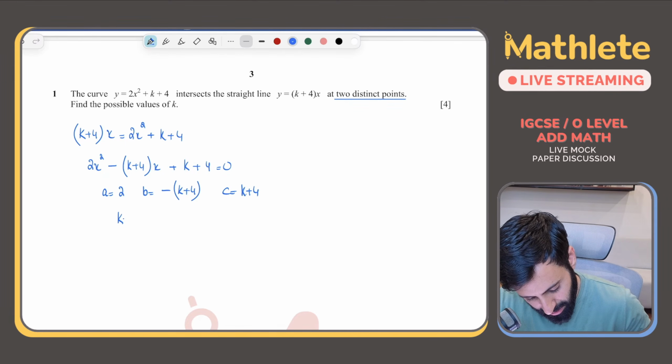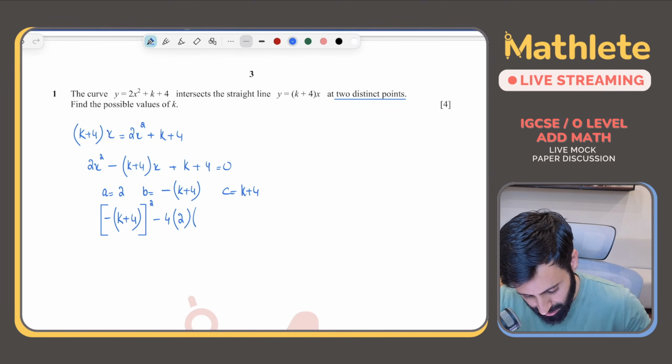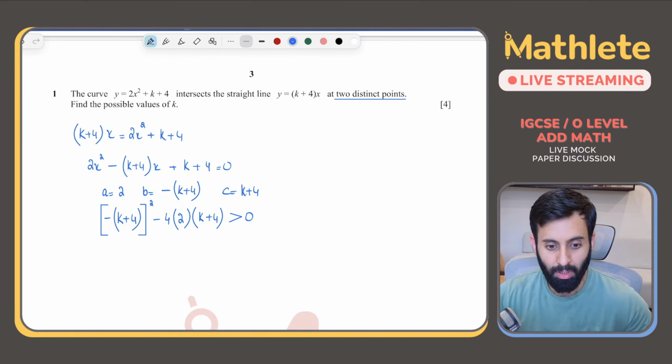So b square minus 4ac is greater than 0. b square means b square minus 4 times 2 times c, which is k plus 4, and this is greater than 0, theek hai.